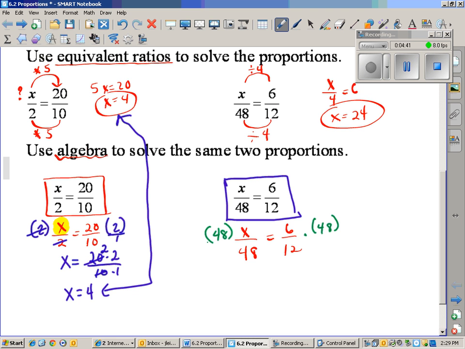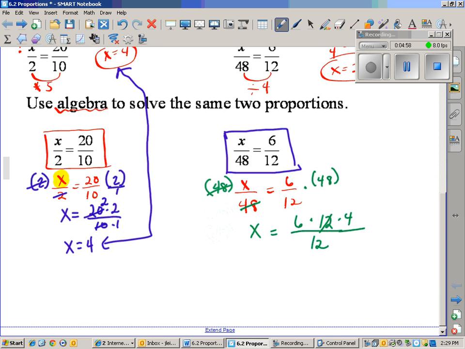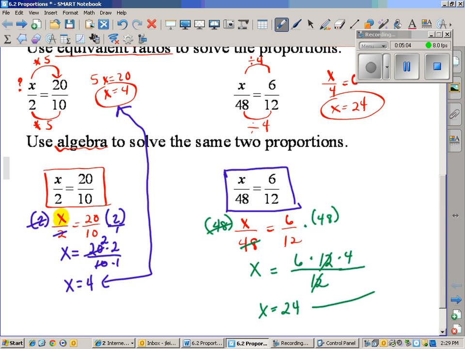When we do that, the 48's cancel nicely, and x equals, and we can think single fraction bar, 6 times, and 48 I'm going to write as 12 times 4, and the 12 in the denominator. Again, your 12s will cancel, and your x equals 24, which is, thankfully, the answer we got when we did it the equivalent ratio way.